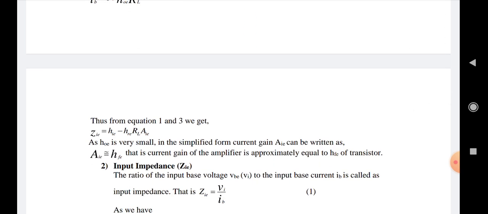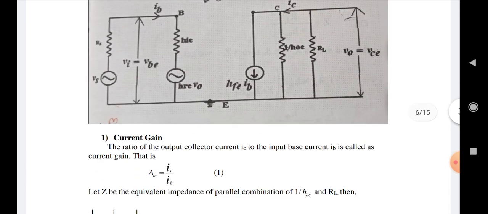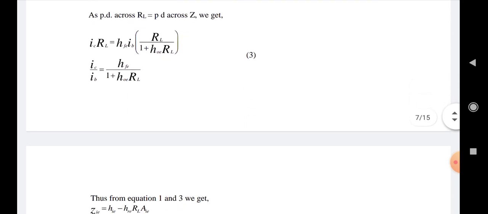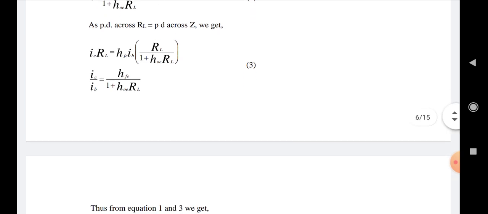Thus, from equations 1 and 3: equation 1 shows AIE is equal to IC upon IB, and equation 3 shows IC upon IB is equal to HFE upon 1 plus HOE RL.